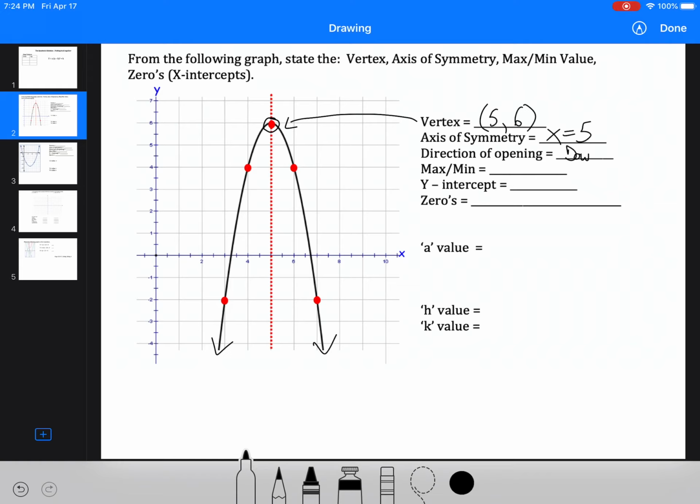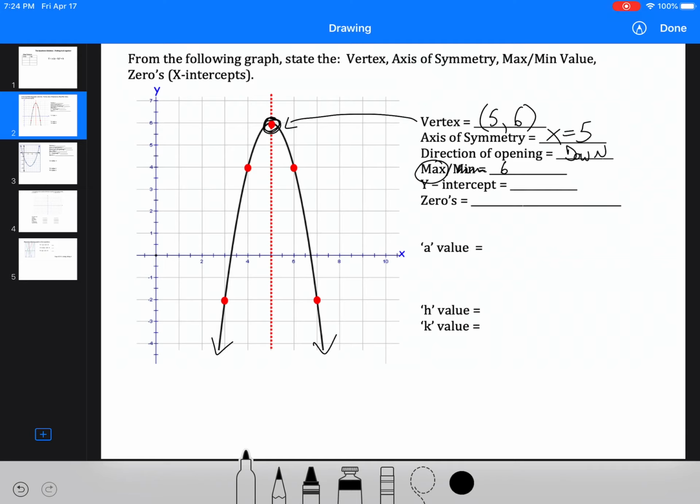It's the x value of the vertex. It's opening down because the graph is facing down. If it's opening down, that means that this vertex value is a maximum. It's the highest value we can get. It's a maximum of 6 because it's the y value of the vertex.